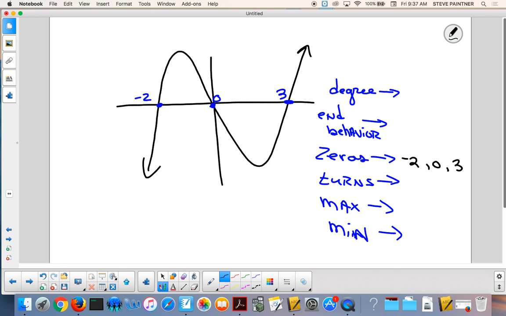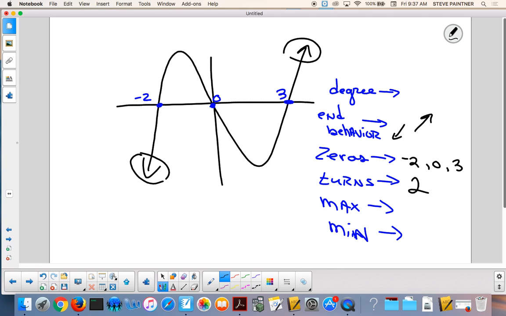How many times did it turn? 1 turn, 2 turns. 2. What else is pretty obvious? The end behavior. What does it do on the left? Down. What does it do on the right? Up.